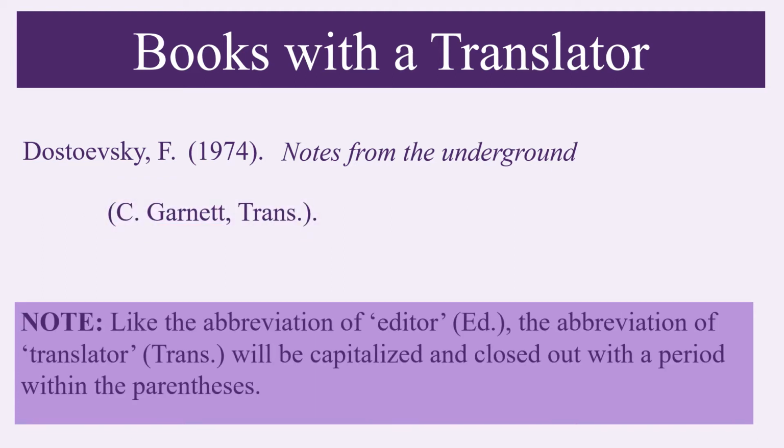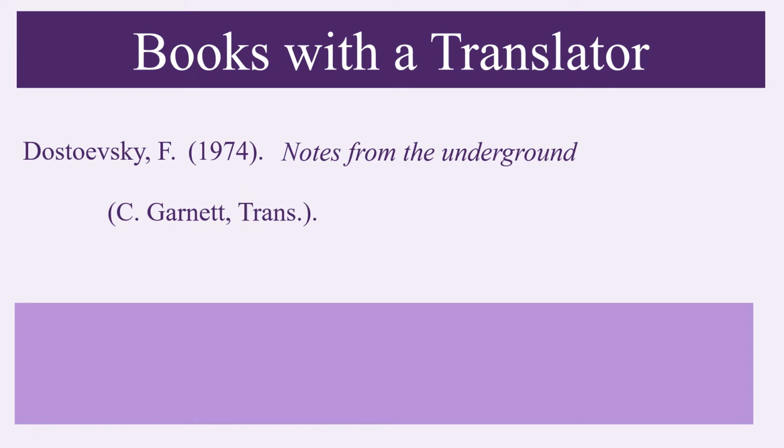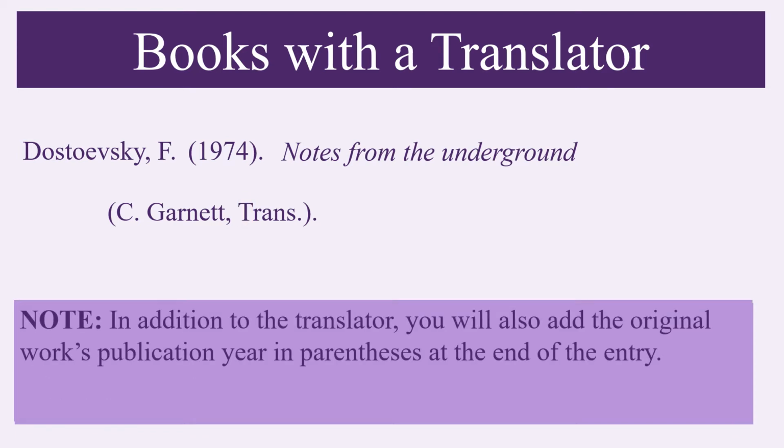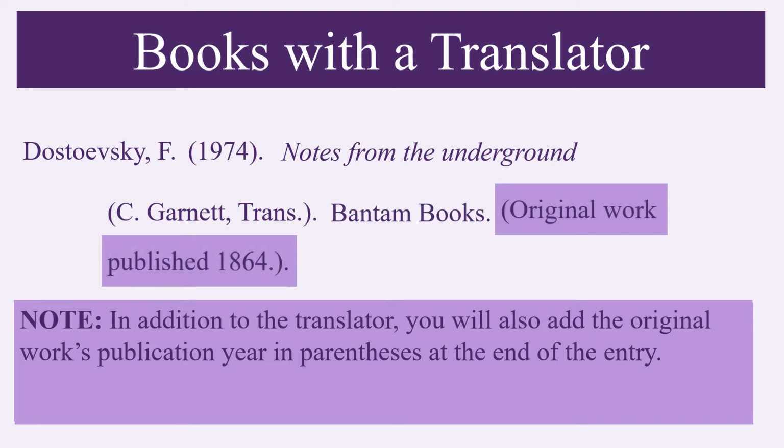Like the abbreviation for the word editor, the abbreviation for the word translator will be capitalized and closed out with a period. In addition to the translator, you will also have to add the original work's year of publication in parentheses at the end of an entry.